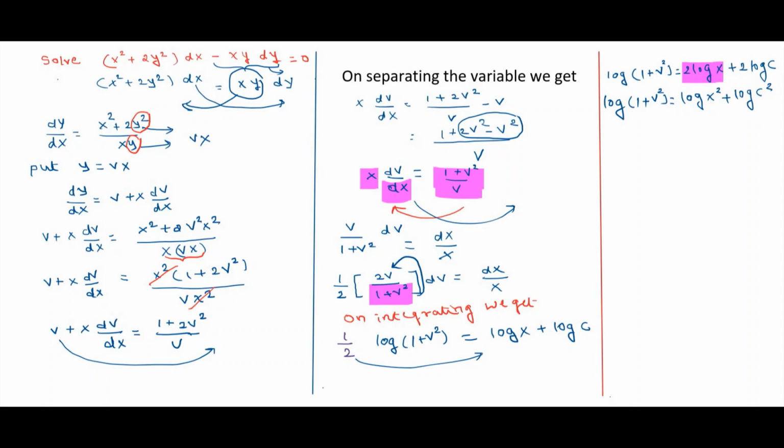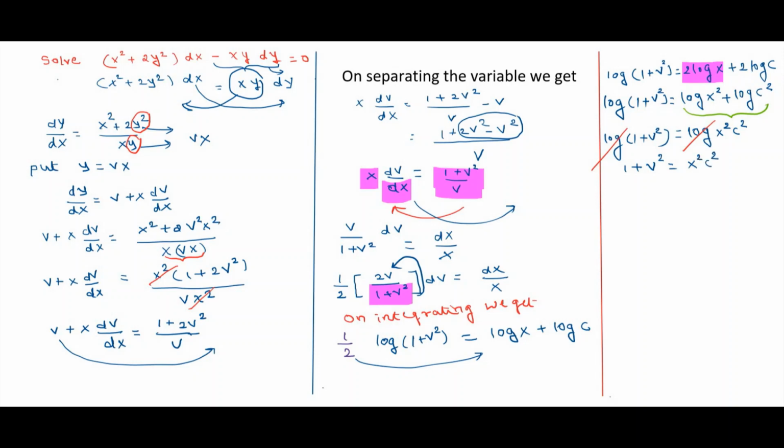Now, by using the property of logarithm, for the right hand side, log u plus log v is equal to log u into v, that is logarithm of x square into c square. Left hand side we have logarithm of 1 plus v square. Now on both sides, log and log cancel. Now write down the remaining terms. The remaining terms are 1 plus v square is equal to x square into c square.